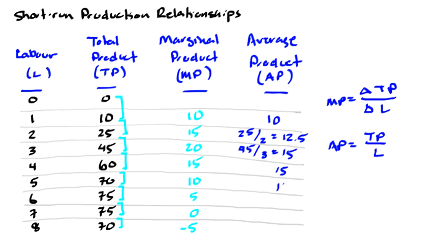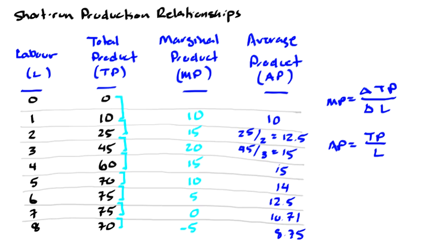And then we see that the average product begins to drop: 14, 12.5, 10.71, and 8.75. What's interesting here is we can see a relationship between average product and marginal product. What we find is that average product increases until it reaches marginal product.